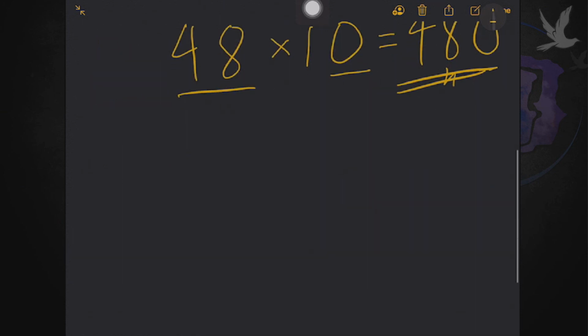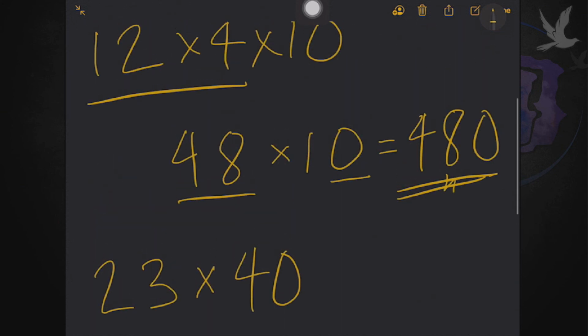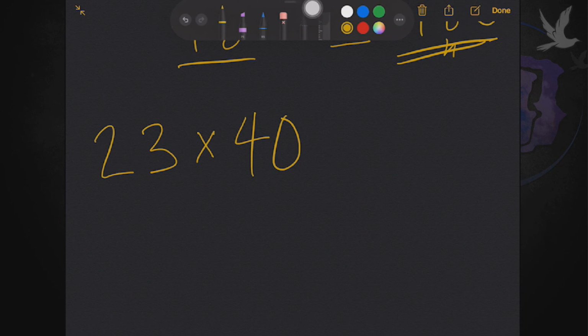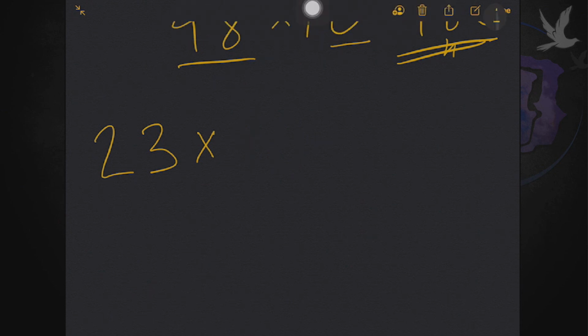Another example. Let's say it's 23 multiplied to 40. Let's change that number because it's already given earlier. Let's say it's now multiplied by 30. Okay.